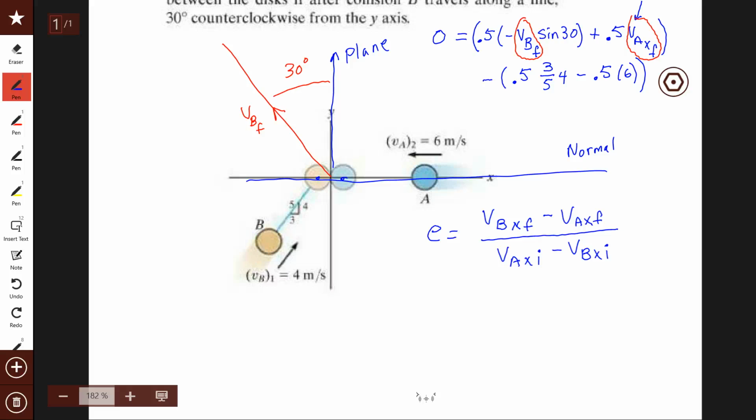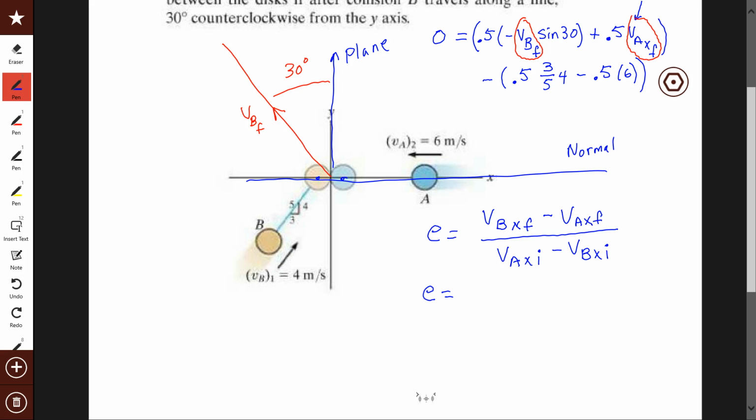So I'm going to plug into this. The coefficient of restitution equals the velocity of B in the x direction afterwards, which is going to be VBF times the sine of 30, minus VA after the collision. I think it bounces back to the right, so it would be VAXF, divided by, now I do the initials.